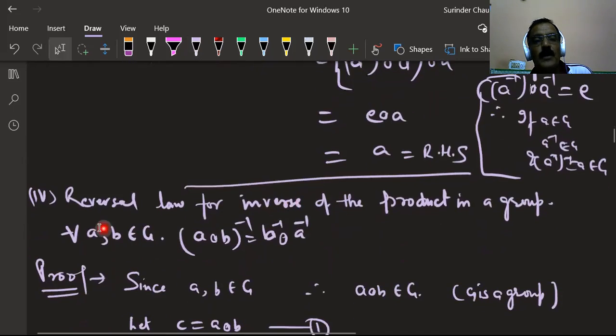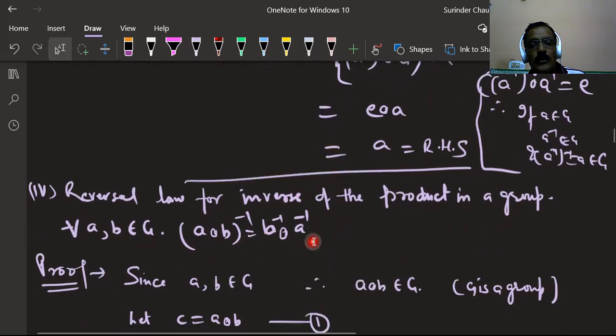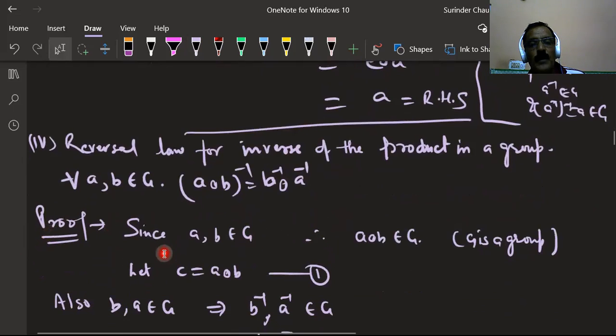Reversal law of the inverse of a product in a group G: for all a, b belonging to G, the inverse of a composition b is equal to b inverse composition with a inverse. The proof is as follows.